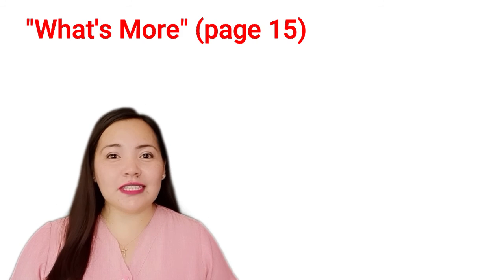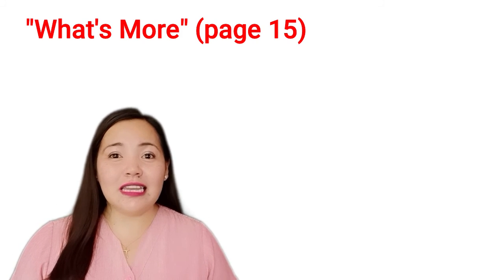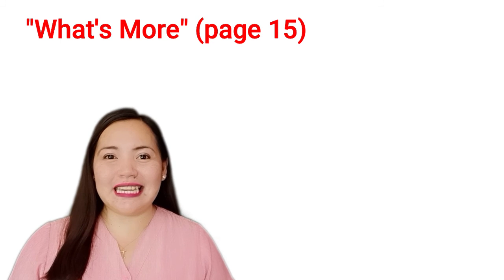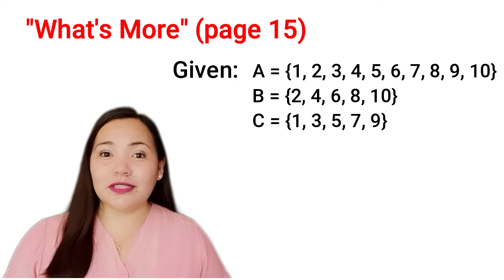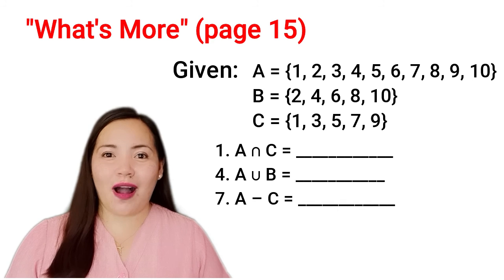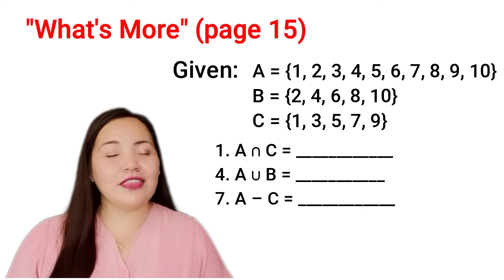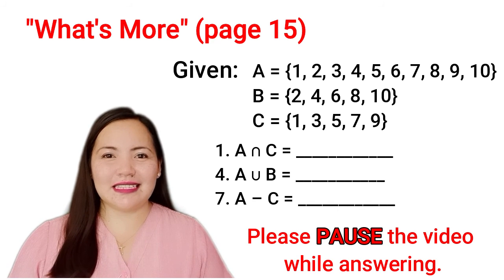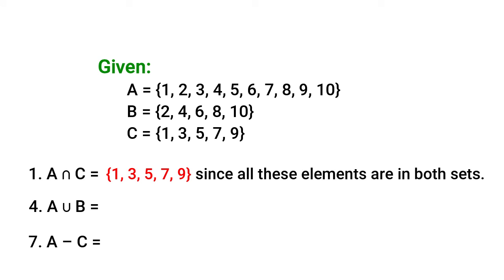Okay, let us try to answer what's more in your module, page 15. We will do together numbers 1, 4, and 7, then you will do the rest. Number 1, A intersection C is equal to {1, 3, 5, 7, 9}, since all the elements are in both sets.